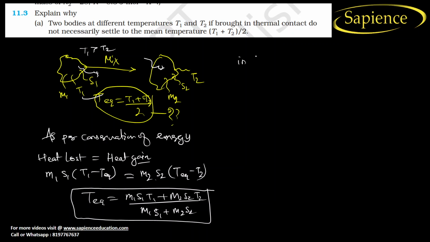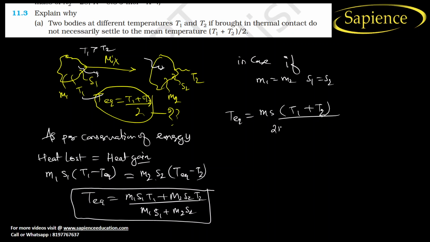So in case m1 is equal to m2 and s1 is equal to s2, then what will happen? T equilibrium will be equal to, see, m1 s1 and m2 s2 are all common. Let us consider the mass as m and the specific heat as s. So ms (T1 plus T2) divided by 2ms.